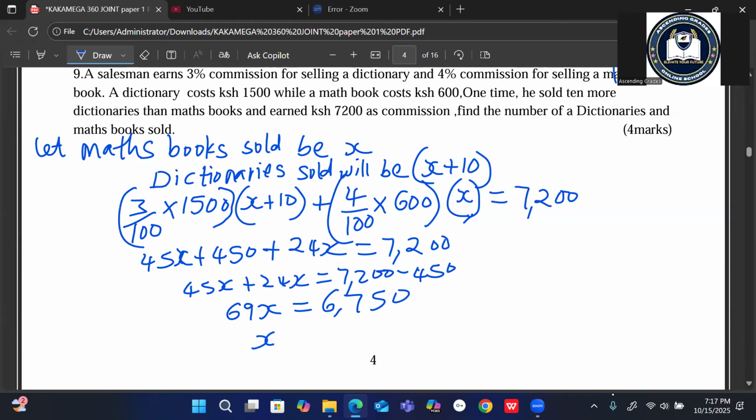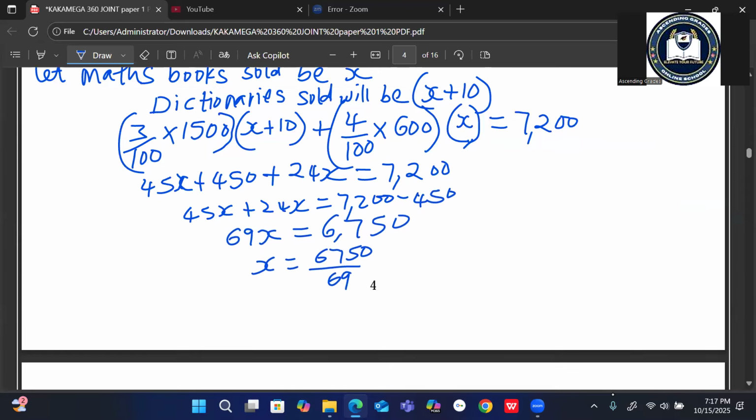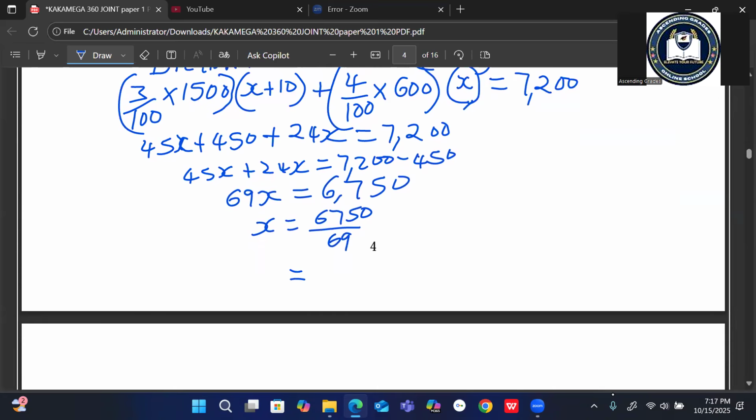So your X will be equal to 6,750 divided by 69, which will give you 97.83. So we round it off to the nearest whole number, which is 98.